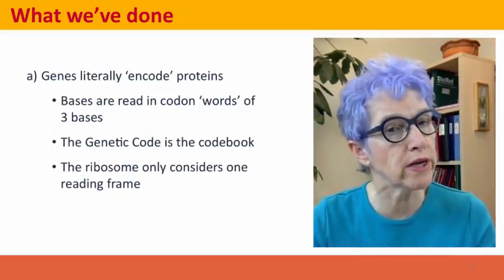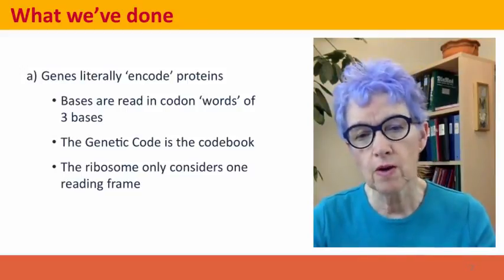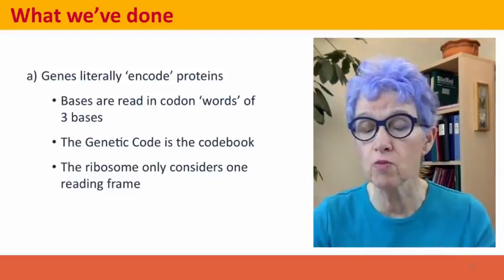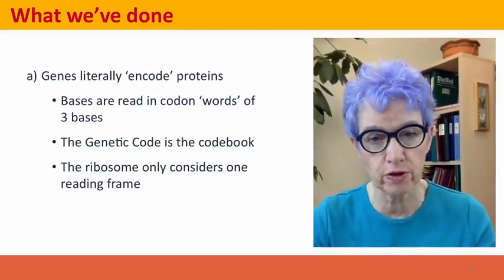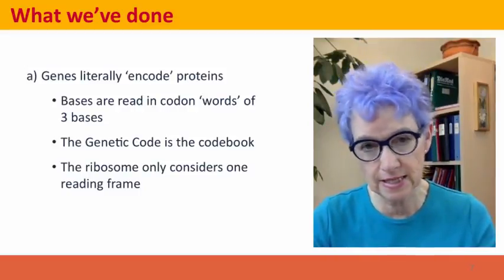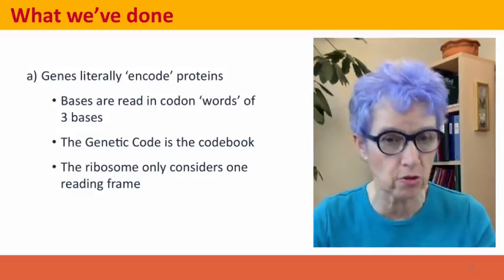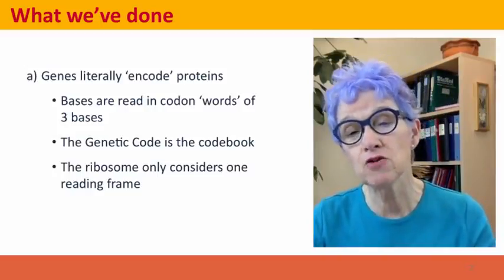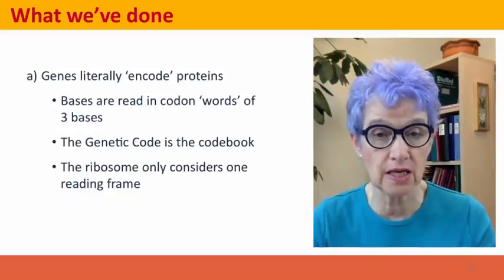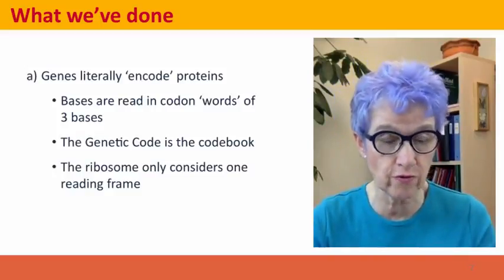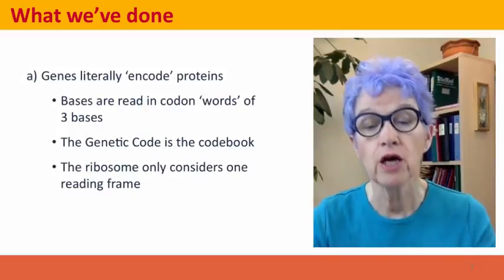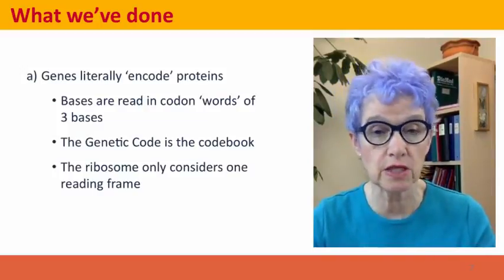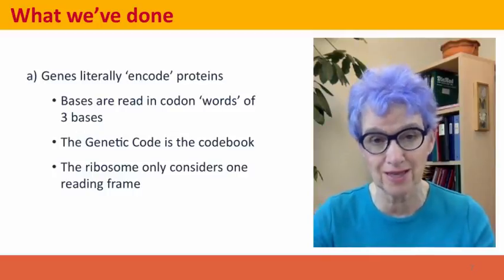We talked about reading frames and how, although there are many potential reading frames, the ribosome knows which reading frame to consider because, A, it's only looking at a messenger RNA, not both strands of a gene, and B, it uses a ribosome binding site and the first start codon, the first AUG in the messenger RNA, to tell it where to start. This sets the reading frame and determines how the messenger RNA will be translated.